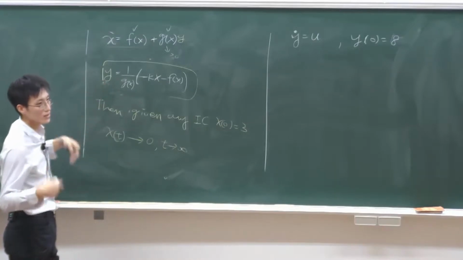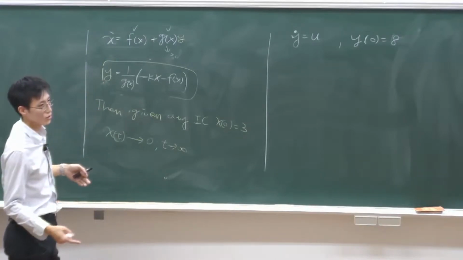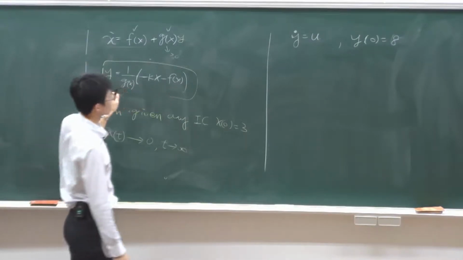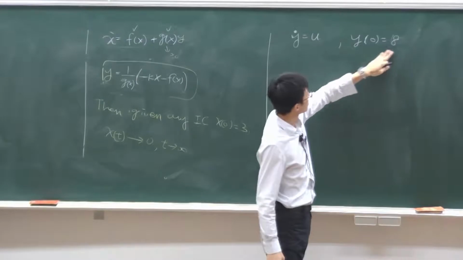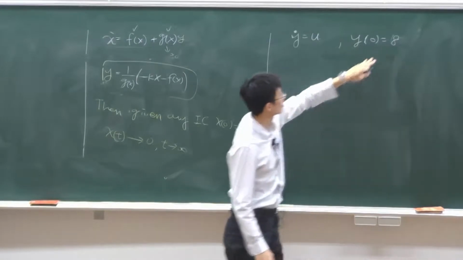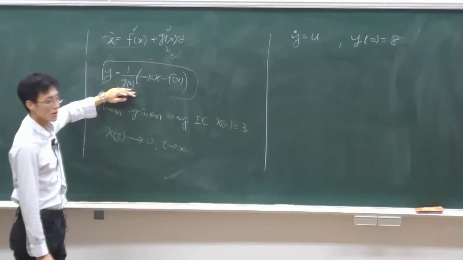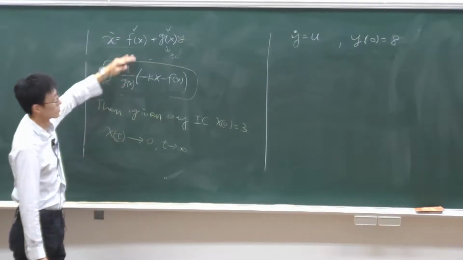You can consider y as a desired trajectory you want to track for that system. Because y can be any initial condition, and that initial condition might not be the same as the desired value of this system.